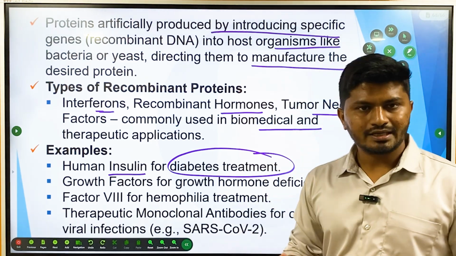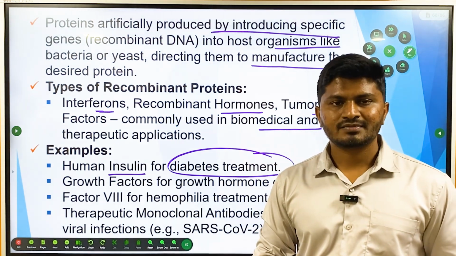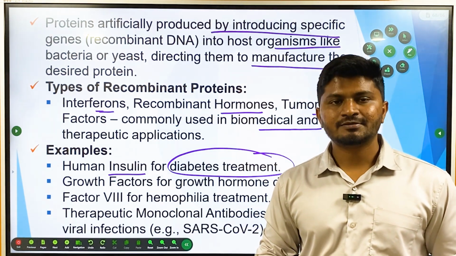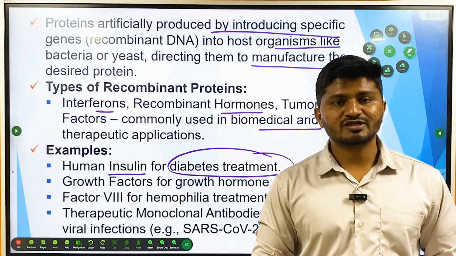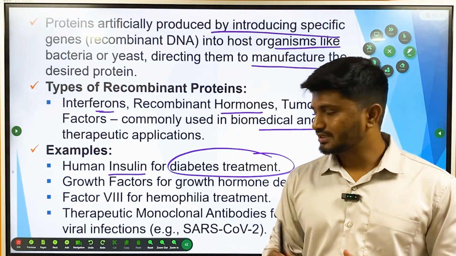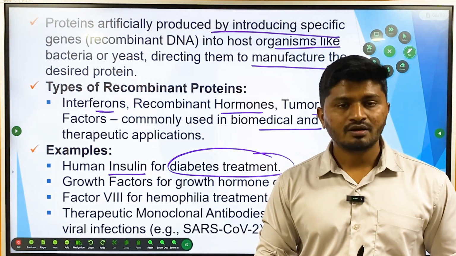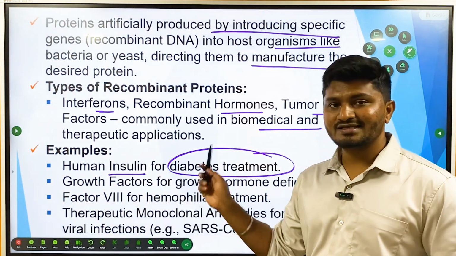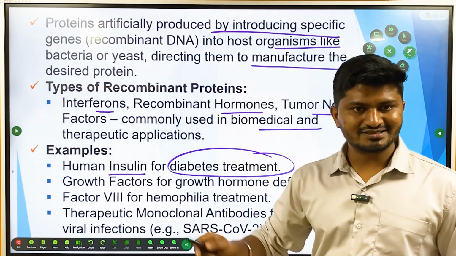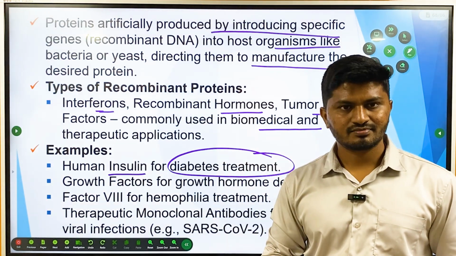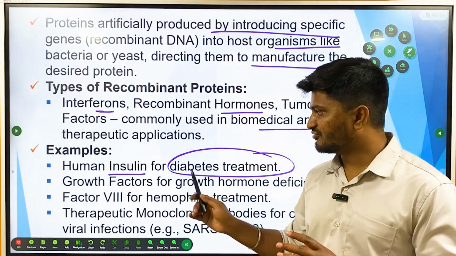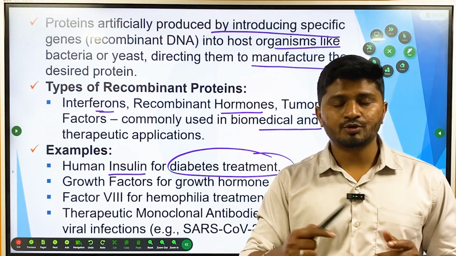Generally, insulin is produced within human bodies, but in certain patients, the capacity to produce the insulin is very less in insulin deficiency human beings. For them, this insulin is grown outside in the lab through the culturing of insulin, and then that is infused into the human bodies. Okay, that is the use of human insulin as a recombinant protein.